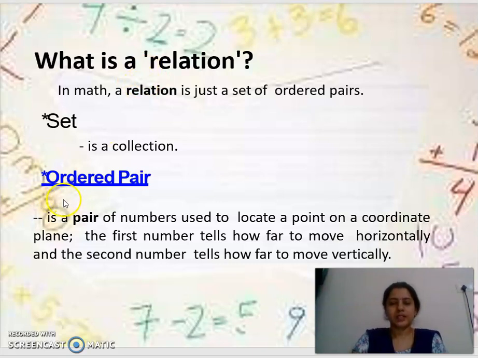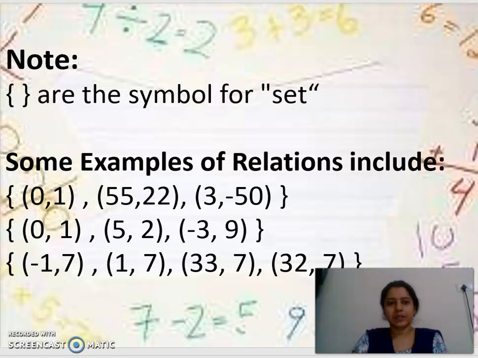How to represent relations: a relation is represented by some ordered pairs within brackets. Here you can observe some examples of relations. A set means we place the elements within brackets, separated by commas. A relation is a pair of elements, and the pair of elements is placed within brackets.